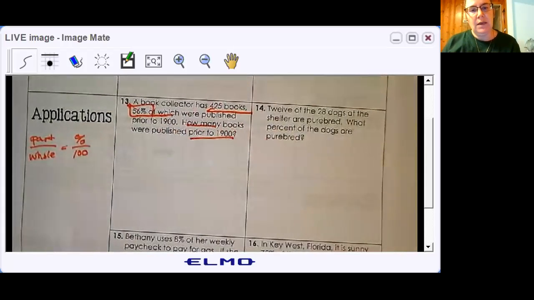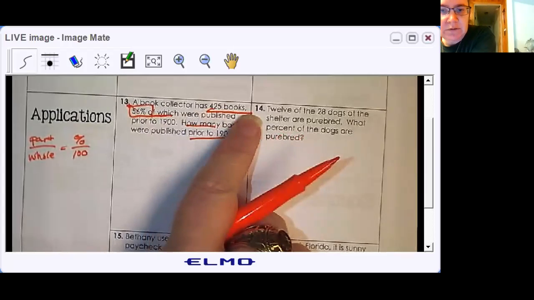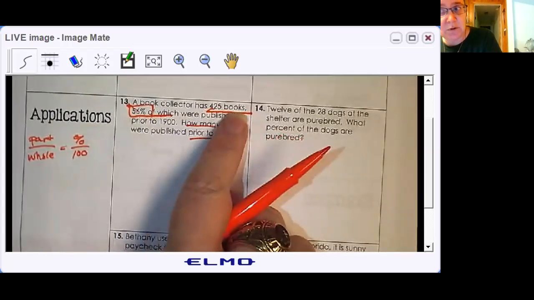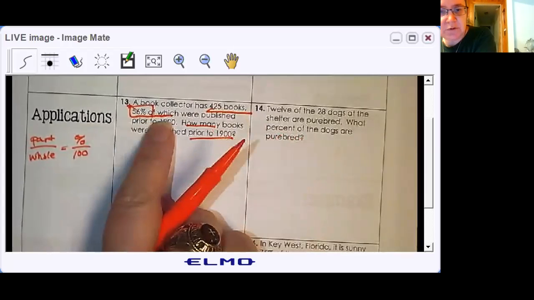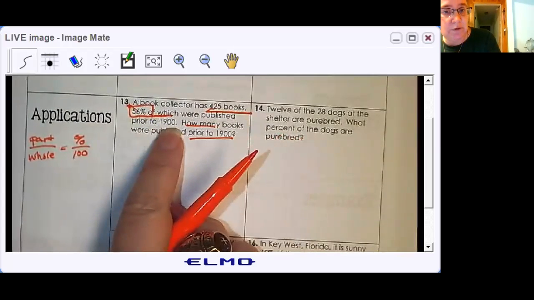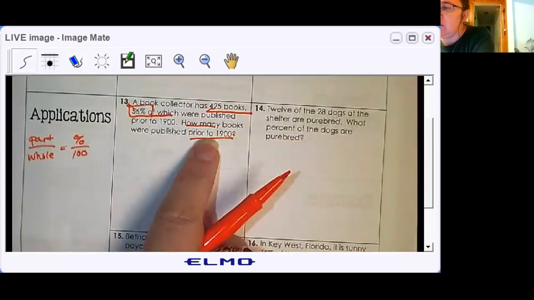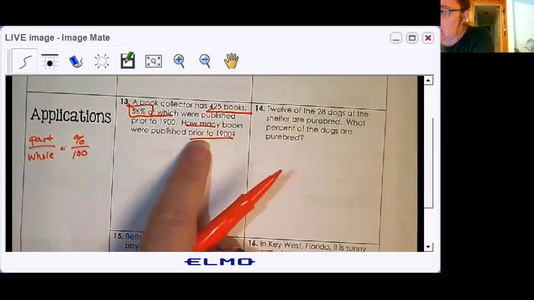So now what I've done, and this is the thing you need to do with every math word problem, you start out by finding the numbers in the problem, and the key information is around those numbers. It says 425 books. That's important. 56% were published prior to 1900. That's important. How many were published?